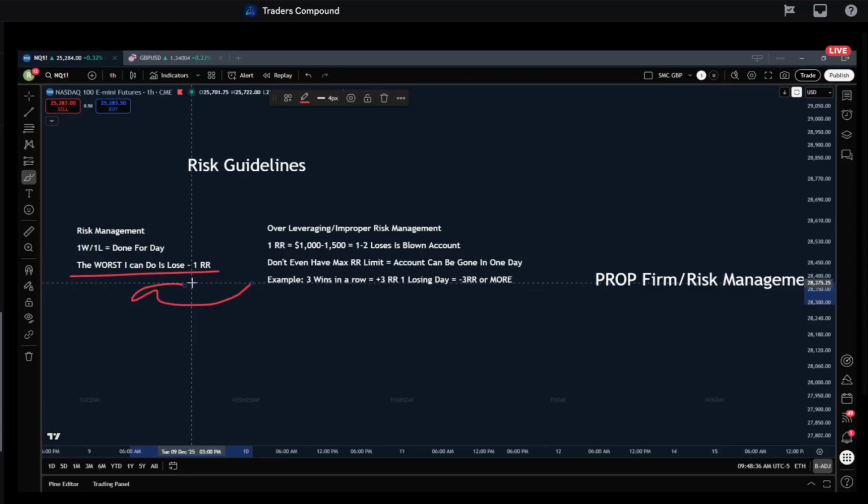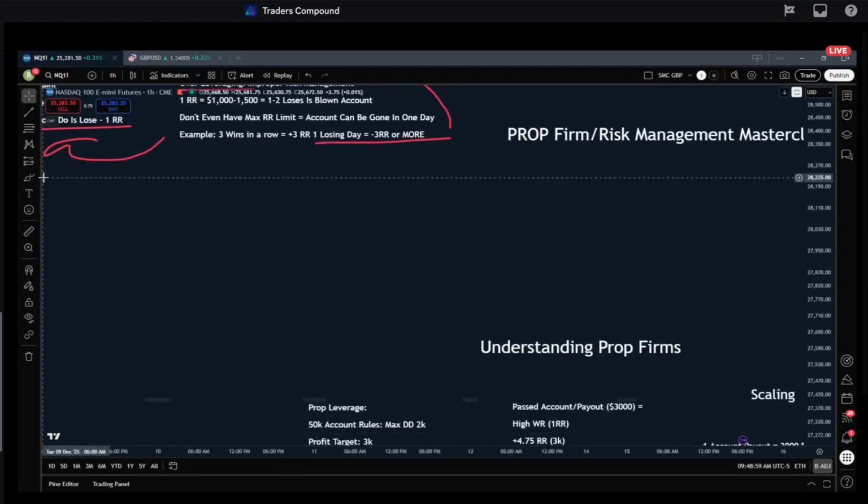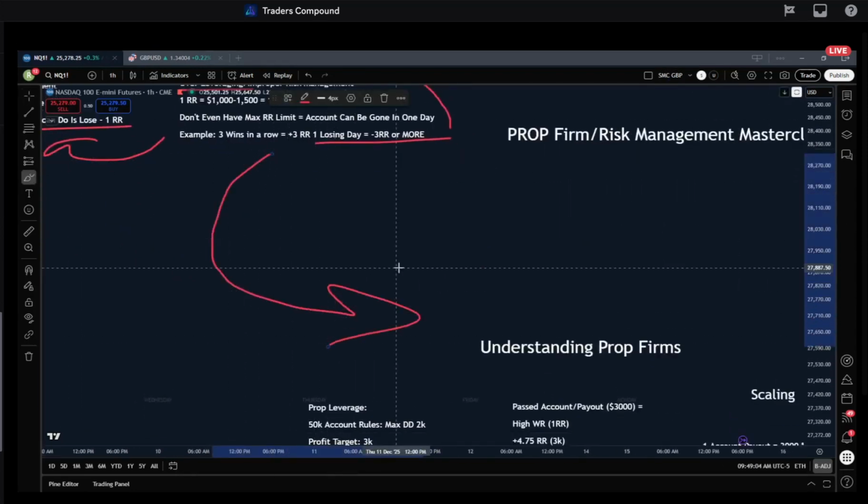I told you guys this week, I said the worst we can do after those 2 wins is be up 3 risk, or 3 RR, because I have a guarantee. If you don't give yourself that guarantee, it's all for nothing. There's going to be no consistency, right? So your one losing day with improper risk management, or not consistent risk management, over leveraging, completely defeats the entire purpose of all of this.